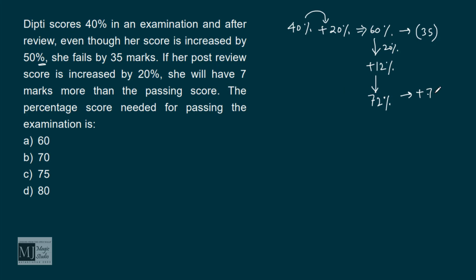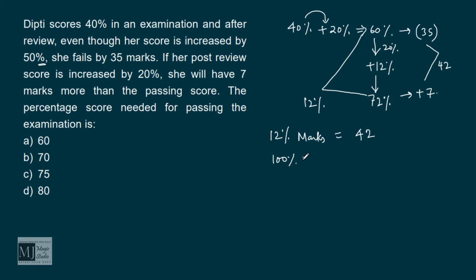This means this is plus 7. That means the difference between these two, that is 12%, is equal to the difference between these two, isn't it? 35 plus 7 is 42. 12% of the total marks is equal to 42 marks in numbers.